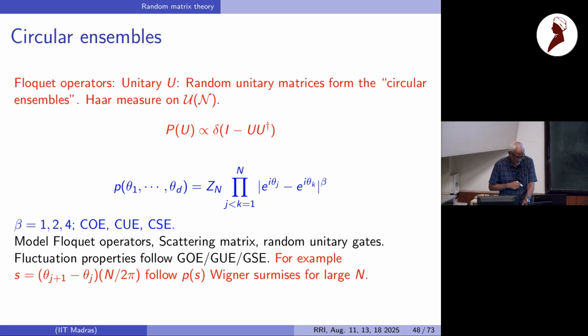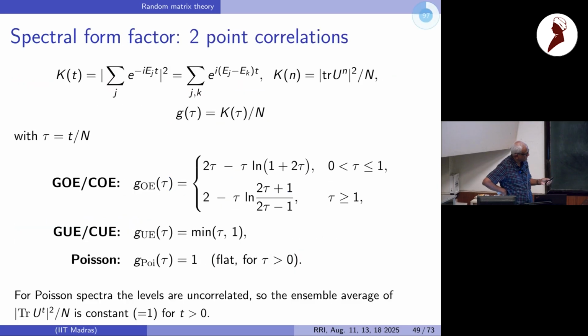Correlation matrices, and in fact, even before Wigner, there was study of random correlation matrices by Wishart in the 1930s.